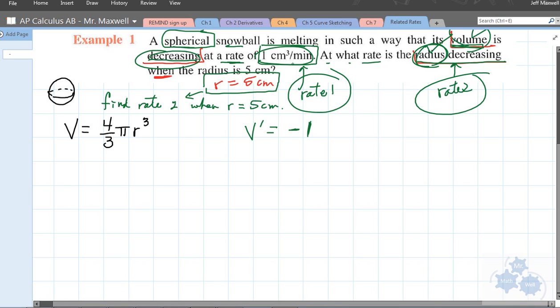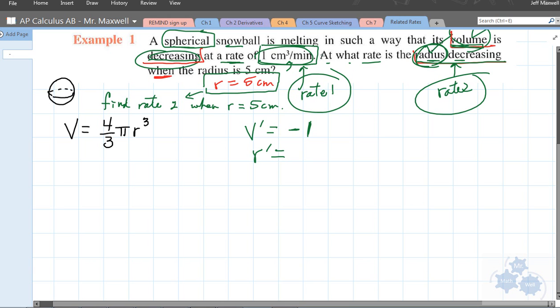You don't have to include your units in the problem here. I'm not too sticky about that. But you are going to have to make sure you go back and find out what your answers mean, and what the units are. All right. What's the other rate of change? The radius is decreasing. So guess what? That is r prime. Is that given? No, actually, it's not given.